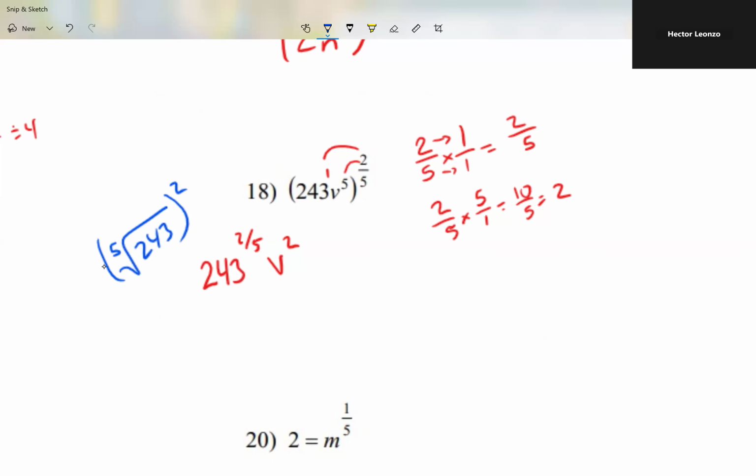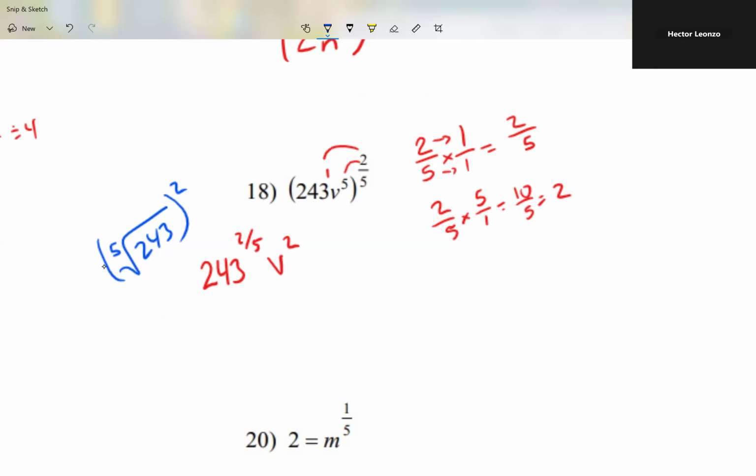Didn't we just do that a few days ago? Okay. So what number multiplied by itself 5 times gives me 243? Right now you might be like, I have no idea. Well, let's try a number.